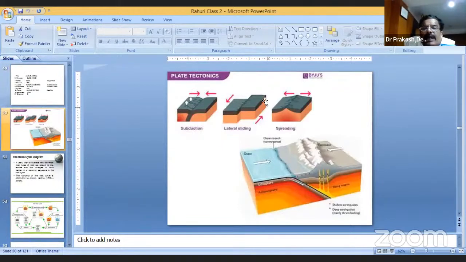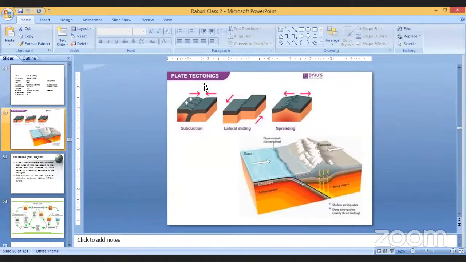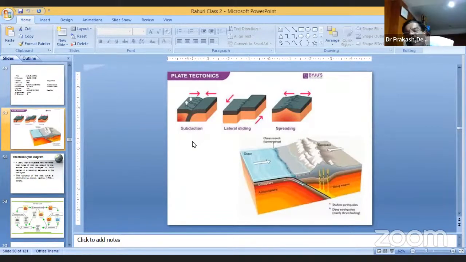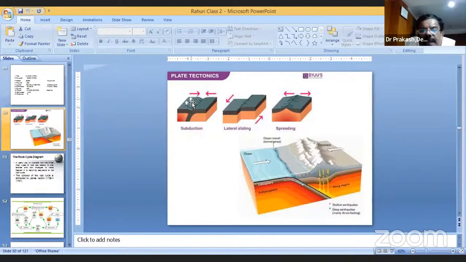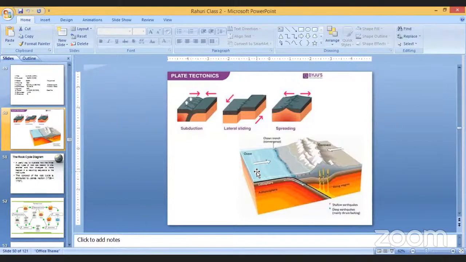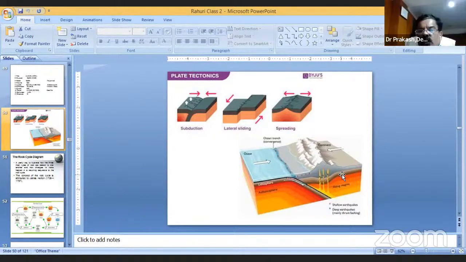Okay, so this is where I was talking about plate tectonics. If you can see this, the subduction, that means convergent plates, coming together and one going downwards. So it leads to the rise of the continent. This can be the ocean lithosphere, and this is the continental lithosphere.